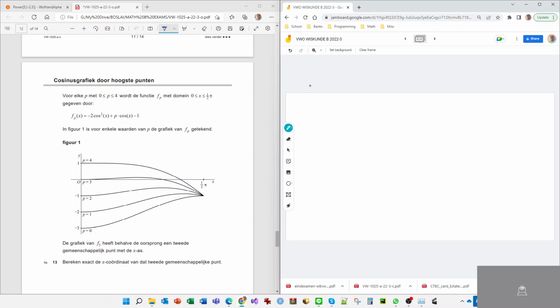And it is said here that f_3 has, except for the origin here, also a second common point with the x-axis here. And calculate exactly the x-coordinate of this common point.